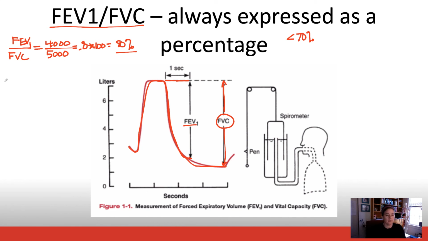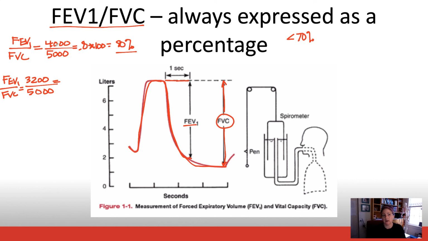Let's say we've got another example, and we've got our FEV1 over FVC, and a patient comes in and they've got the same FVC. They've got 5,000 milliliters here, but they were only able to get out 3,200 milliliters in that first second.